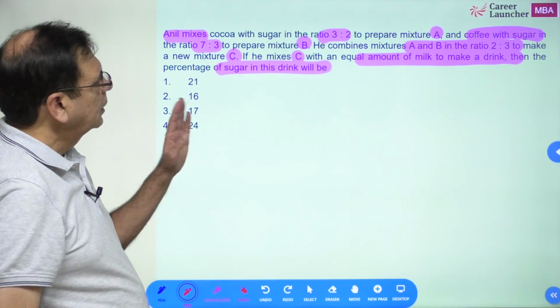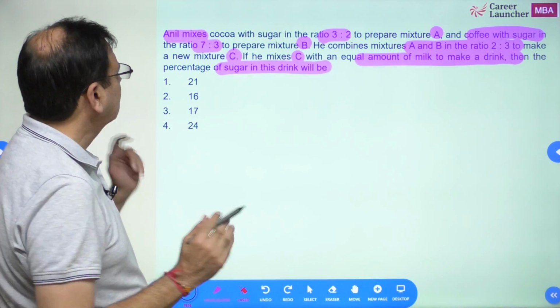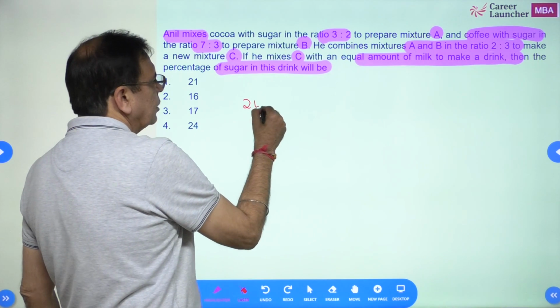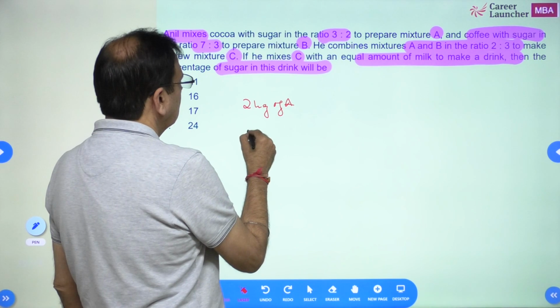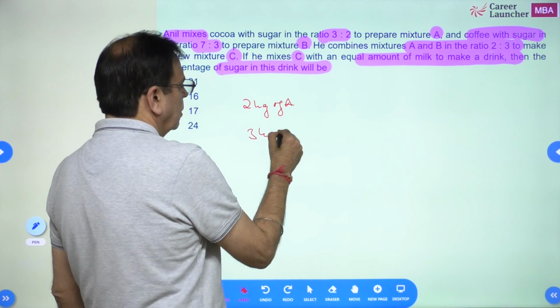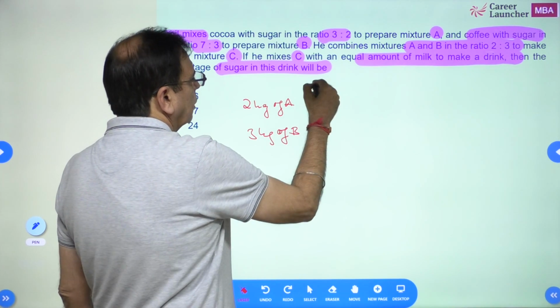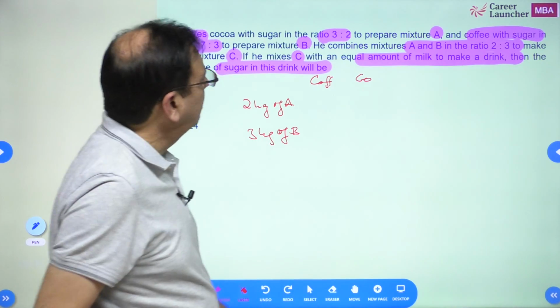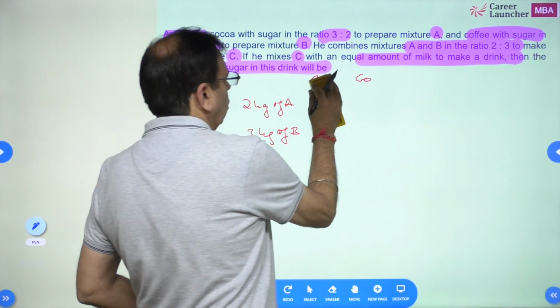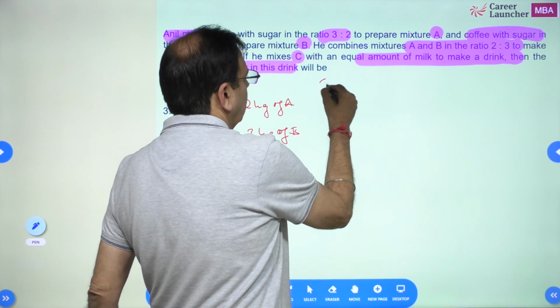चलो. A और B दिए हैं. कितना लिया है? I have taken 2 kg of A and I have to take 3 kg of B. Now इनके अंदर क्या है? कॉफी भी है, कोको भी है. A में कॉफी, A में कोको दिया है ना. अच्छा चलो उल्टा लिख लेते हैं ताकि कंफ्यूजन कम हो.